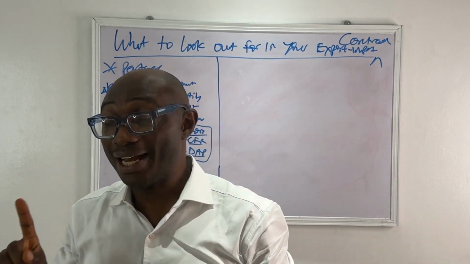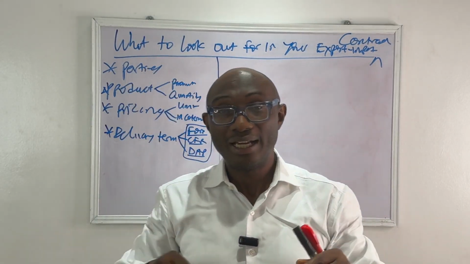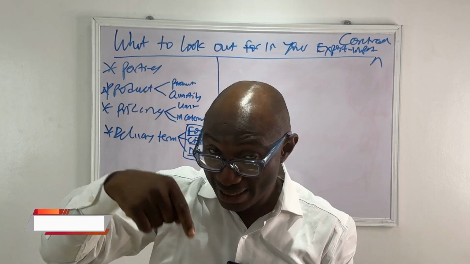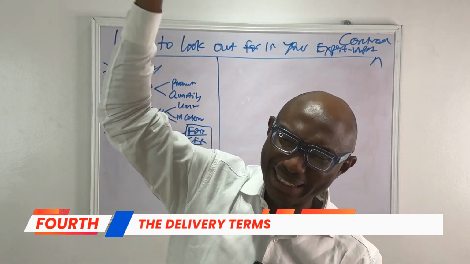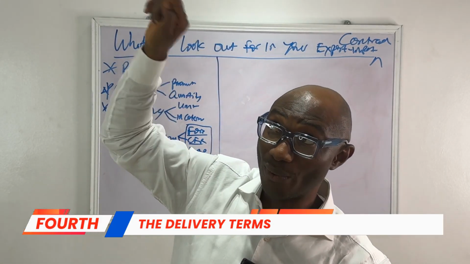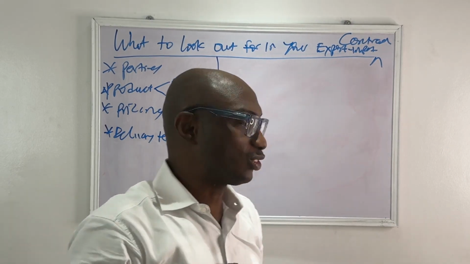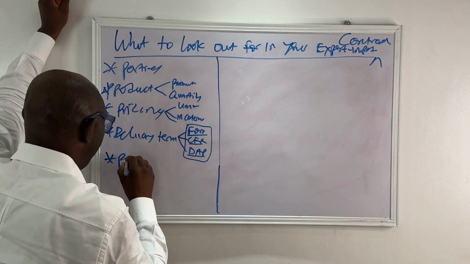And because they all have cost implication, we have to agree. And if we have agreed, this contract you are giving me to sign now, is it the delivery term we agreed that you are now putting on it? The next thing to check is the payment terms and payment method.